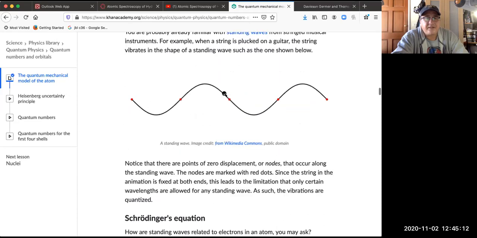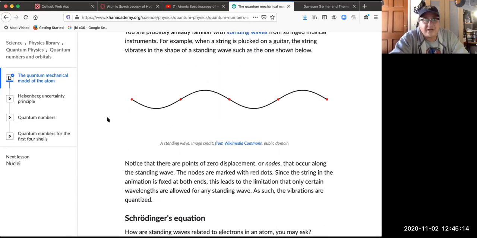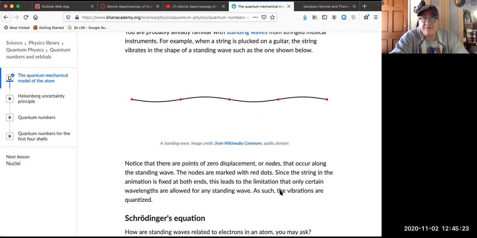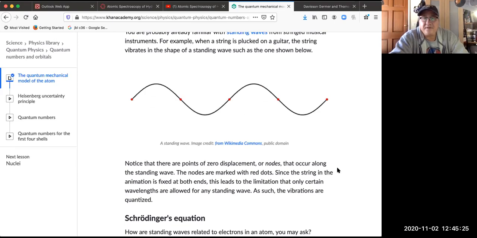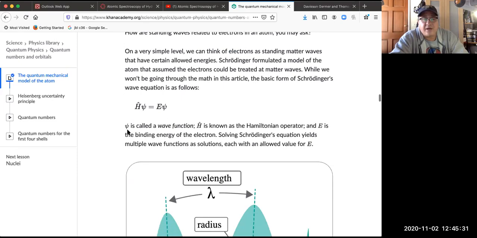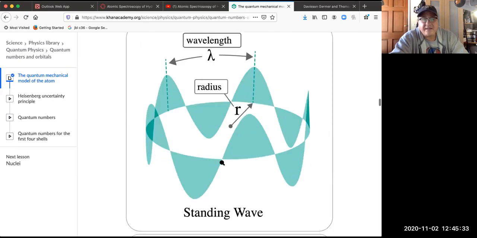Let me see. So there's a standing wave. You see how it's oscillating back and forth? You guys see that? Just give me a little thumbs up if you do. Okay, so that's a standing wave. And with Schrodinger's equation, here's the idea that the electron is basically a standing wave around the nucleus of an atom.